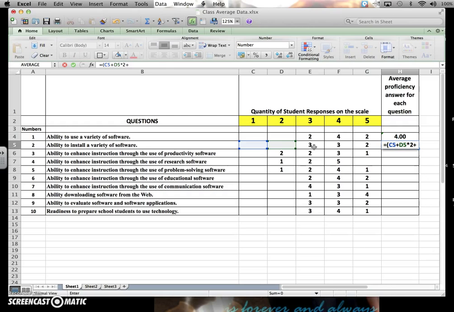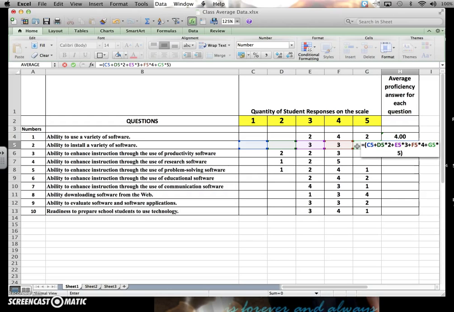So now I'm going over to E5 and multiplying that by 3 plus, move my mouse, F5, multiply that by 4 plus G5 and multiply that by 5.